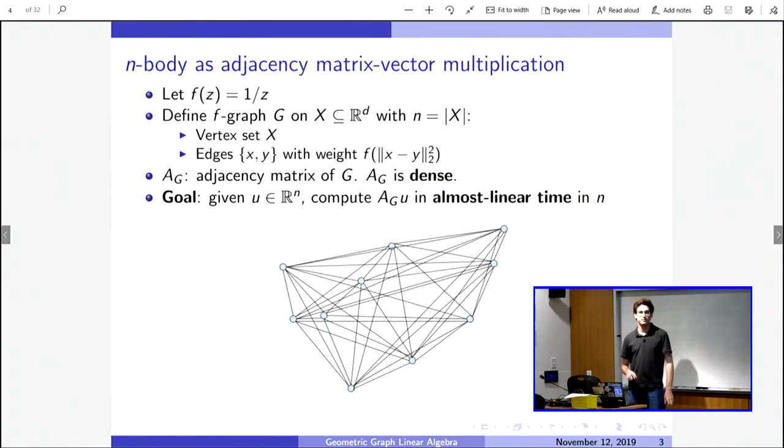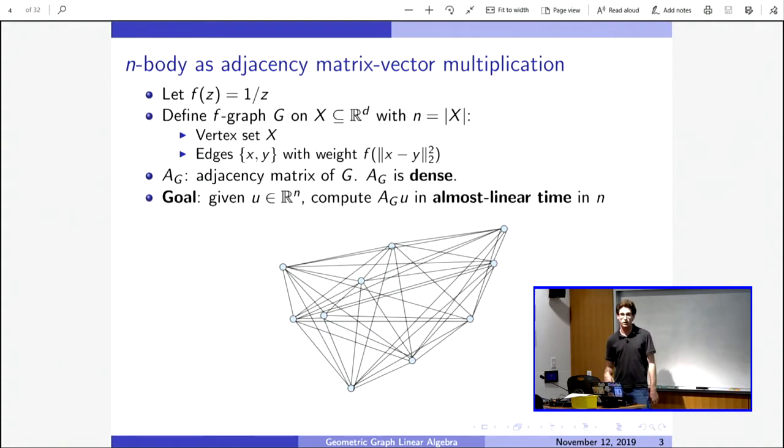At the beginning of the talk, I mentioned that we should think of this as a problem on some sort of graph. So let me now state how you think about this as a graph problem. First, let's define the function f of z to be equal to 1 over z.